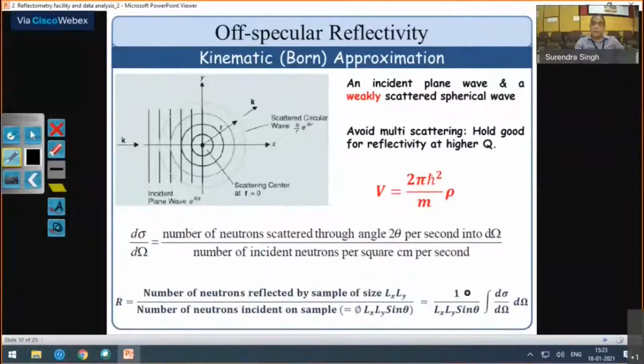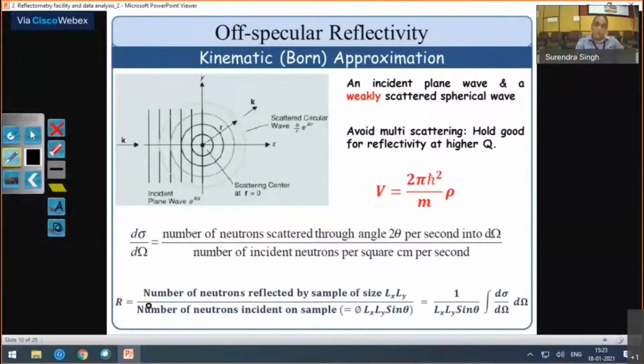Suppose phi is your neutron flux incident on your sample, which is neutrons per centimeter square per second, and lx ly is the lateral dimension of your sample. Then the total neutrons incident on the sample will be equal to phi lx ly sin theta. And if you calculate over all the solid angles, you get the reflectivity.